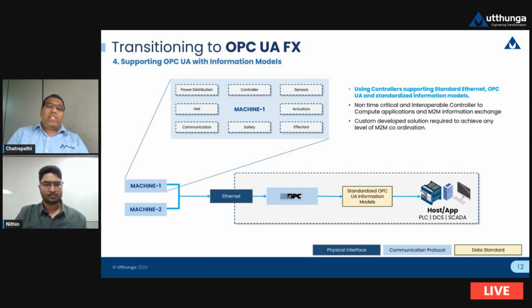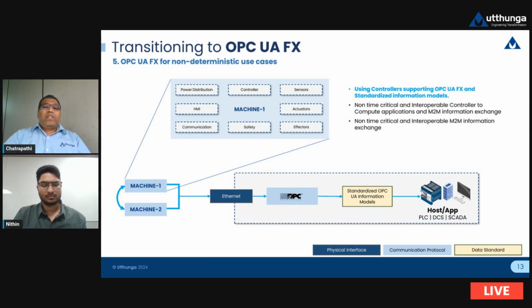So with this, some degree of M2M coordination can be achieved in a better way compared to the previous implementations. Now, beyond this, instead of simple OPC with information modeling, if you are adopting a controller which has OPC UA FX built in, then you will be able to establish a direct communication between these two machines.